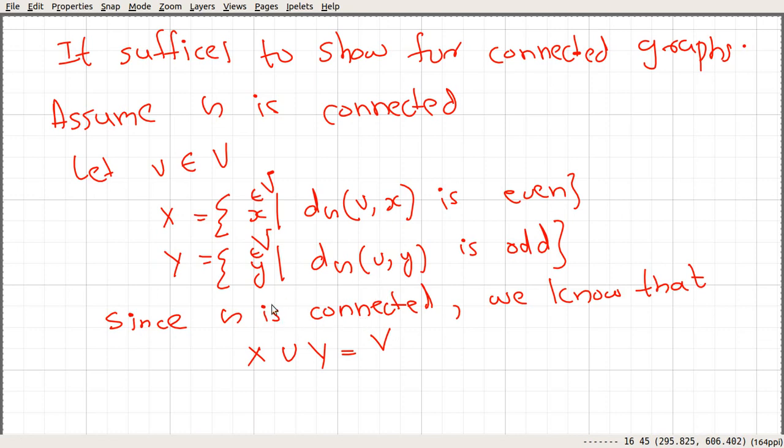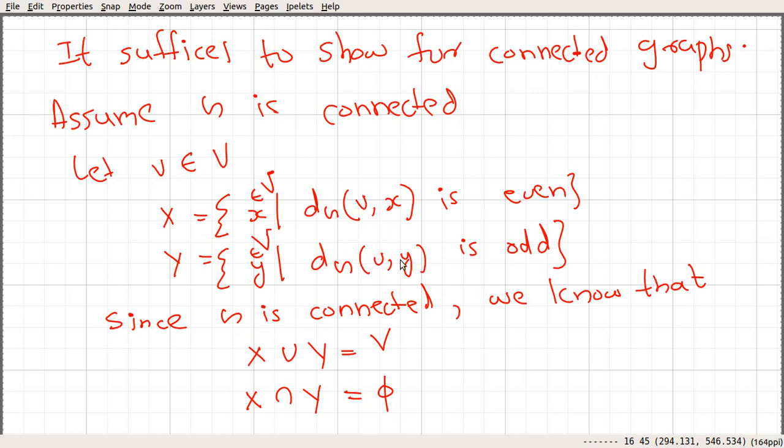Since G is connected, we can reach any other vertex from V. So if we take the union of X and Y, it must be equal to V. And also if we take the intersection of X and Y, that is equal to an empty set, because distance is nothing but the shortest path length between this vertex V and X.